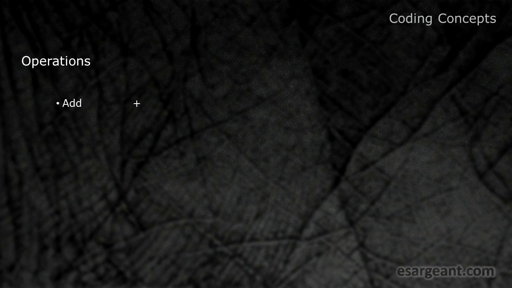We have the simple add operation, which is quite simply a plus, no surprises there, and a subtract. Well, yep, you know how to do a subtract symbol. However, it's slightly different when you do a multiply. We're actually going to use the asterisk to perform multiplication. And a divide is a /. So let's look at how we apply these operations in code.